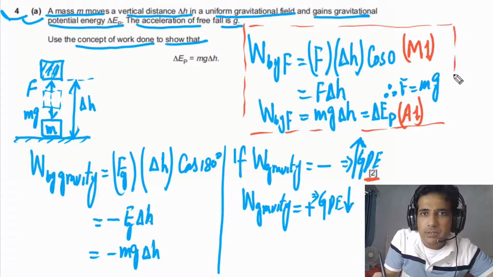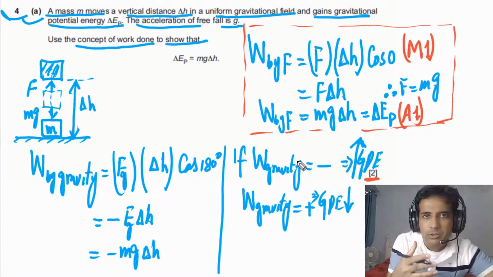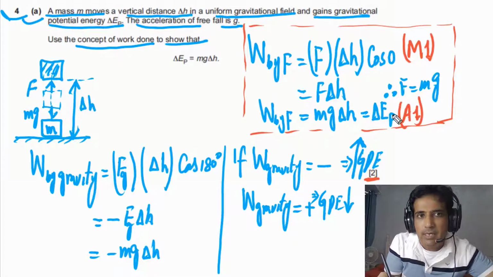The rest is just explanation, so you can get a clear picture of this question. Work done is equal to force times displacement. Force is equal to mg and vertical displacement is equal to delta h. So the work done is equal to mg delta h, and work done is equal to delta EP.